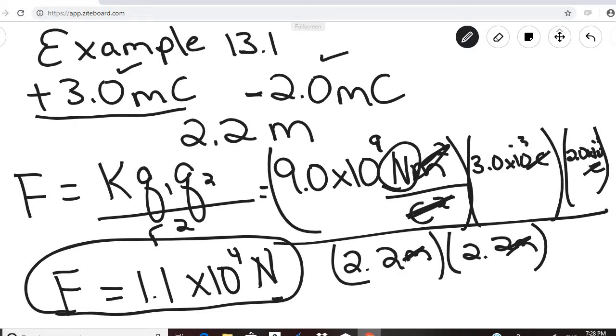When they move toward each other, this distance is going to decrease, right? And so that means the force will change. So the force that you calculate is really just an instantaneous force because these particles are going to move. If they move away from each other, the radius will increase. If they are attracted to each other, the radius will decrease, and that will therefore affect the electrostatic force.